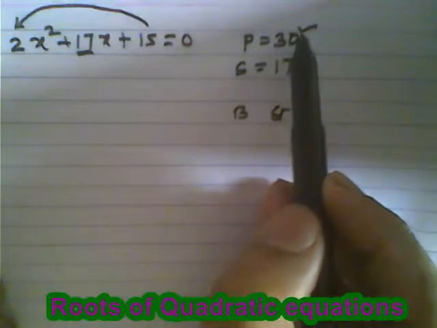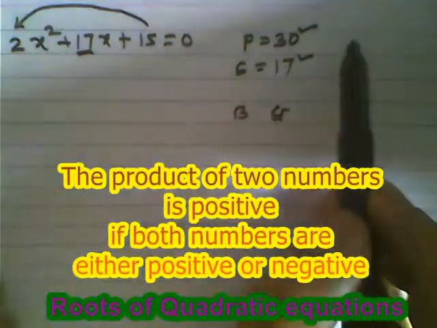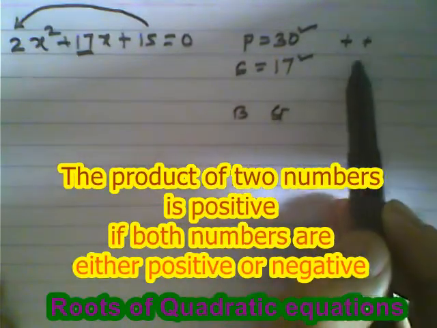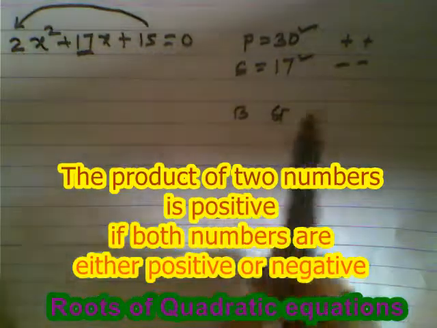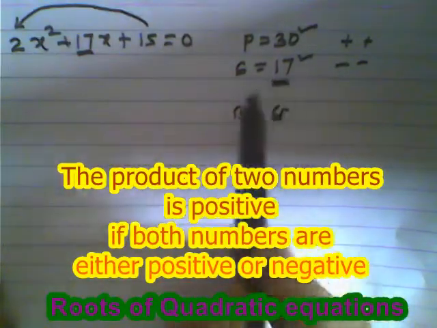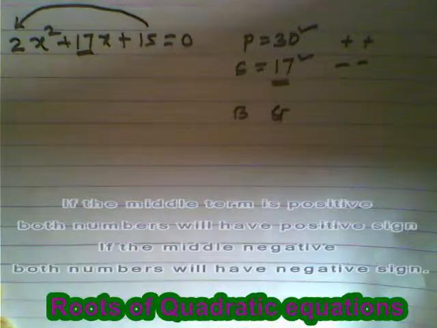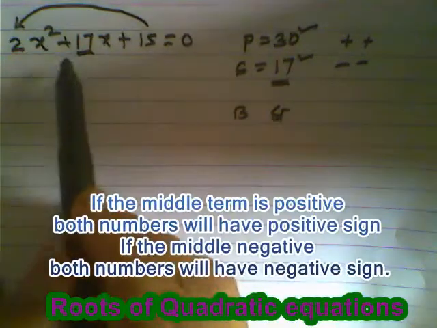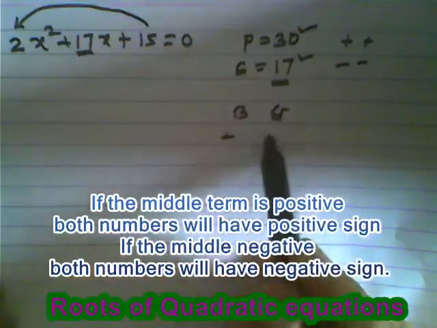You require the product as positive, therefore both the numbers will have either positive signs or the negative signs. Now whether to give the positive signs or the negative signs, that will be decided by the middle term, that is positive here in this case. If the middle term is positive, both the numbers will be positive.